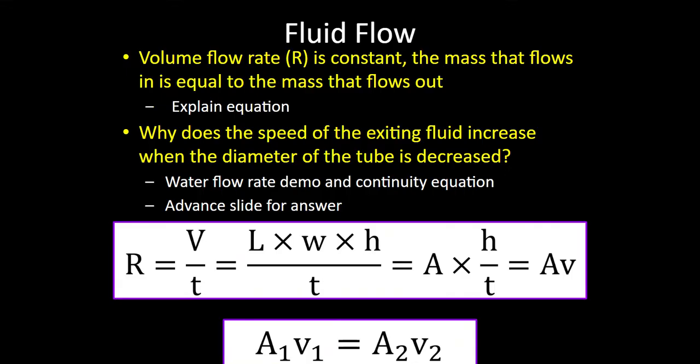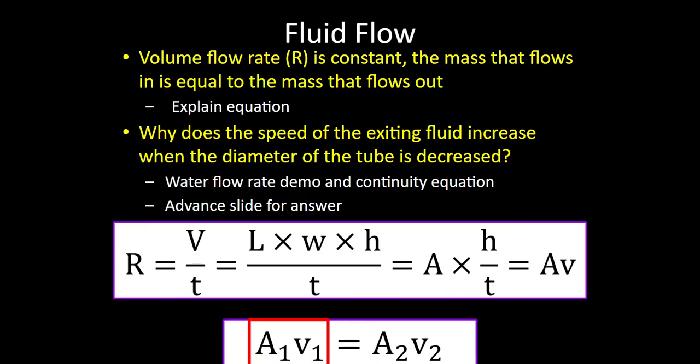Typically, I'll use the hose as an example. If you've ever had water coming out of a hose and you put your thumb over the end of it, or a water fountain for that matter, you can narrow the stream of water and increase the velocity. So the area and velocity of the water coming into the pipe stays the same, but you decrease the area on the other side.